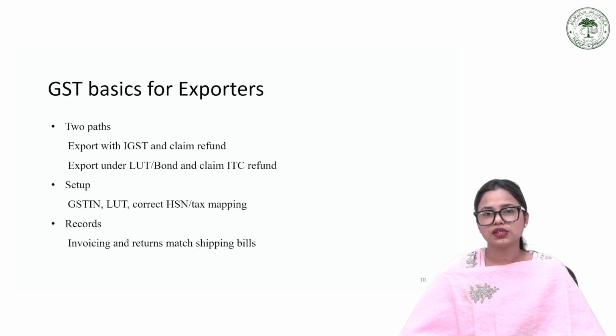In both of these cases, you must set up GSTIN and LUT, furnish the correct HS code, and map the taxes correctly. One thing that is important here is that all the invoices and tax returns must match the shipping bills.